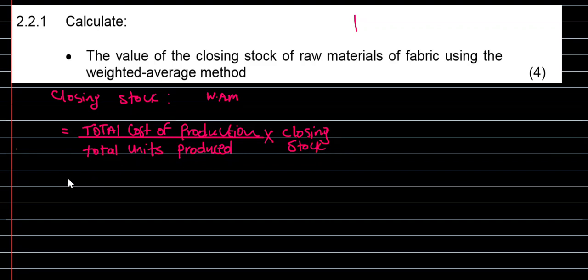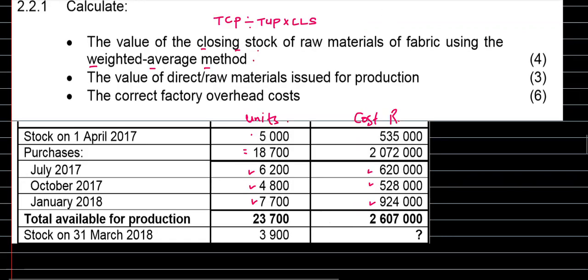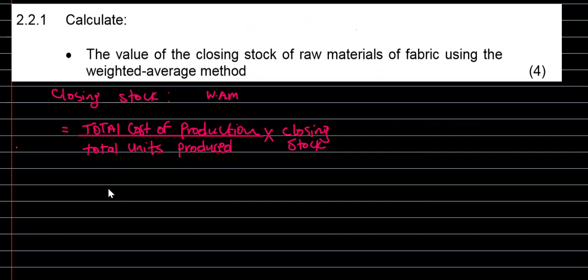Let us go and do our solution. As I've told you, we're going to take 2607 and 23700, the total value of production.